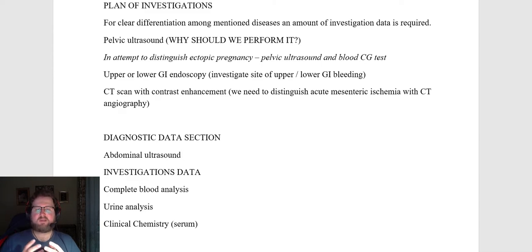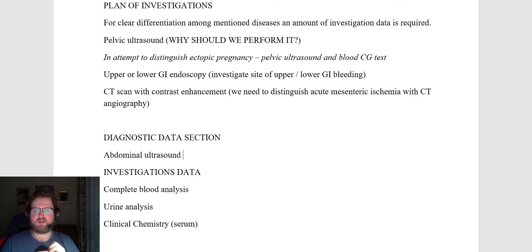Really, this is one of the most technically simple methods of radiological investigation, first. Second, it gives us a very quick overview of all abdominal and pelvic organs. It's quite fast to perform.